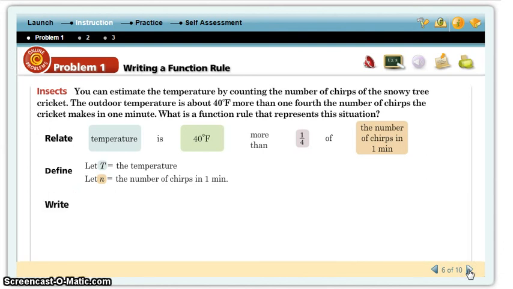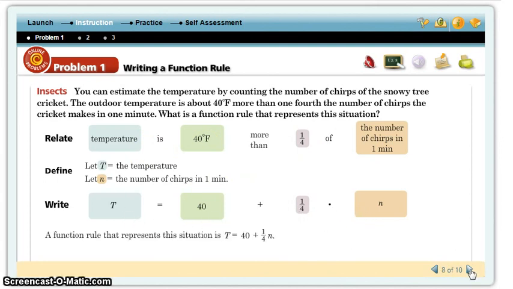Use the variables you defined to write an equation based on the phrases you related. The temperature, T, equals 40 plus 1/4 times the number of chirps per minute, N. Basically, you just take what you have written out from that sentence, pull out the important information from the word problem, define your variables, and then put it into a mathematical equation, knowing what words like more than, of, and is represent in math.